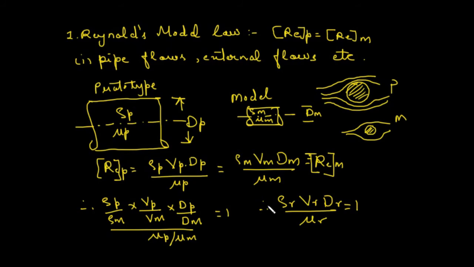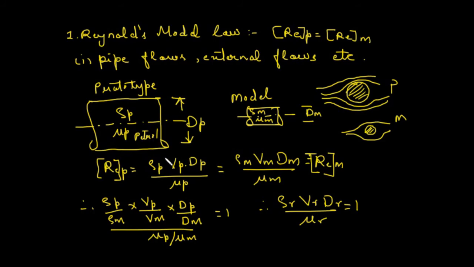Now try to understand that there is a very large advantage of using this Reynolds model law, because you see that if you are trying to study the flow of, let us say, petrol, then it is not necessary that you should use petrol as a fluid in the model, because the modeling is not dependent upon which type of fluid you are using, but rather it depends upon matching the ratio of forces.